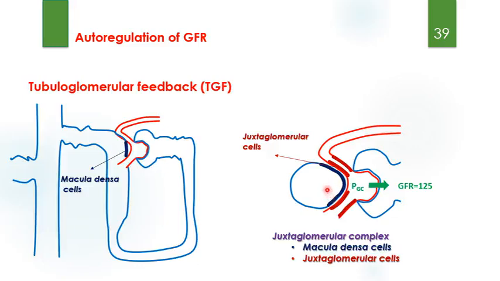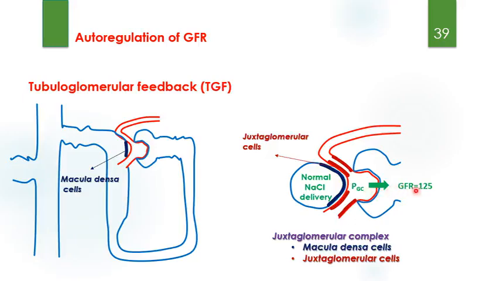This structure monitors the delivery of sodium chloride to the initial portion of the distal tubule, and if it fluctuates, if it is increased or decreased, it will change the resistance of the afferent and efferent arterioles and will change GFR in a desired manner to return the GFR to its normal level.